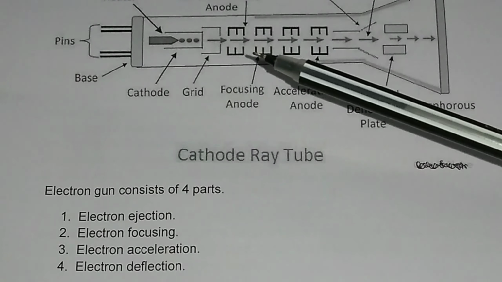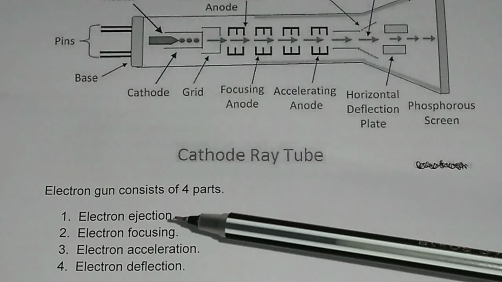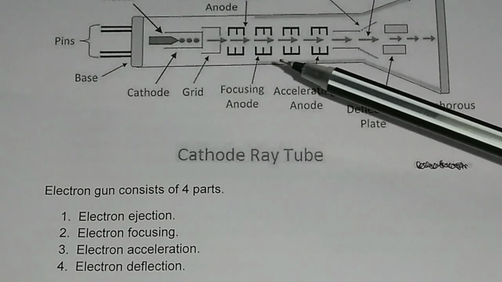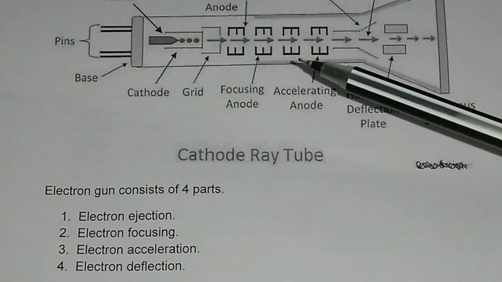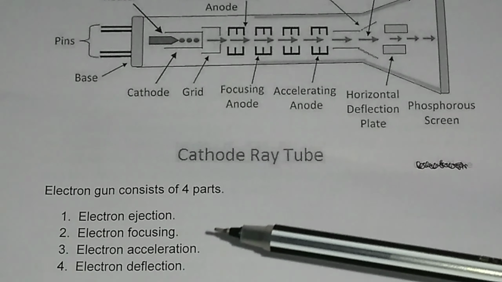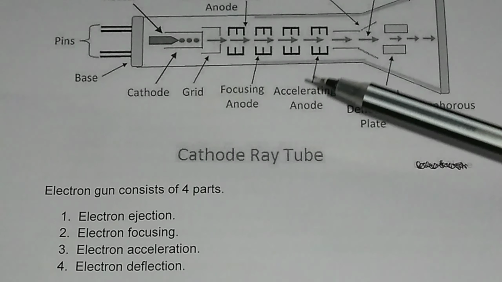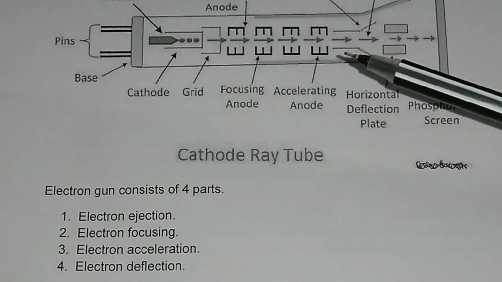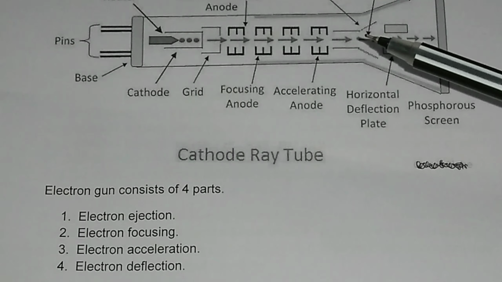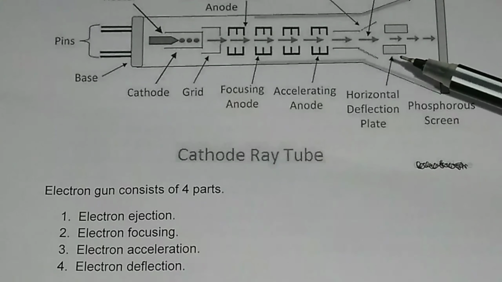The third part is your electron acceleration. After electron focusing, the electrons get accelerated. Then after accelerating the electrons, you have electron deflection, which is of two types. One is through the horizontal, another through the vertical deflection plate.